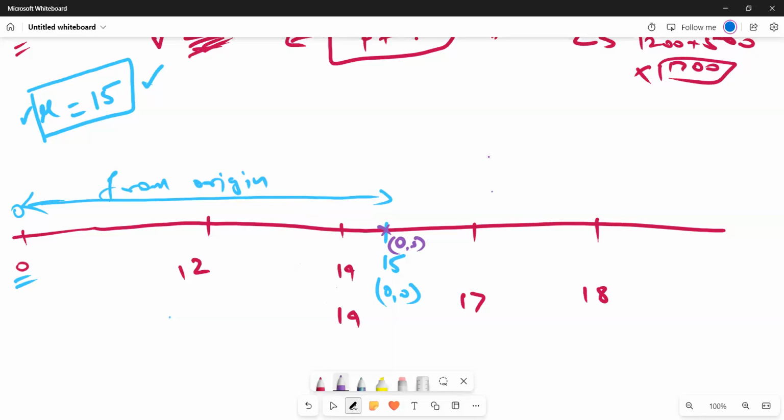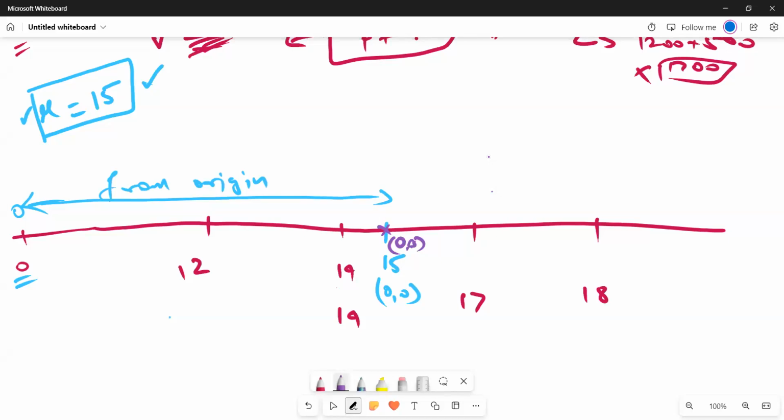You can raise your hands if you think this is logically correct. All right, so basically I'm shifting the origin here.